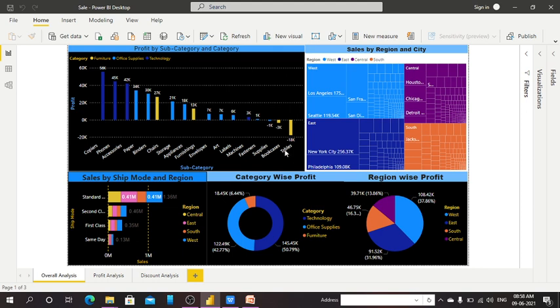From this plot, tables, bookcases, furnishings and chairs are the furniture category, and copiers, phones, accessories and machines are the technology category, and paper, binders, storage, appliances, envelopes, art, labels, fasteners and supplies are office supplies.